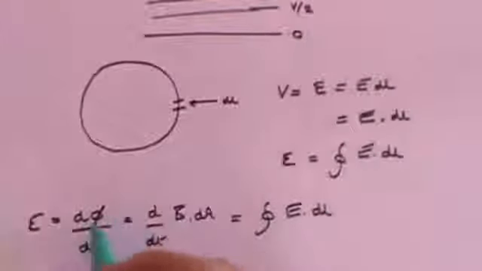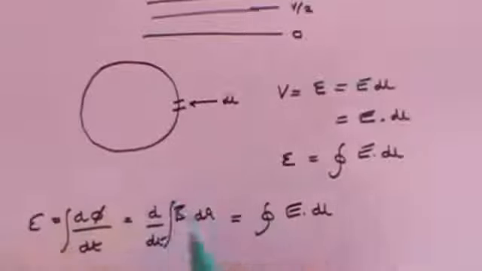And of course, these terms also have to be integrated if you want the full terms. So the total EMF is the integral of the rate of change of flux, which is also the integral of the rate of change of B dot dA, which is also the integral of E dot dl.